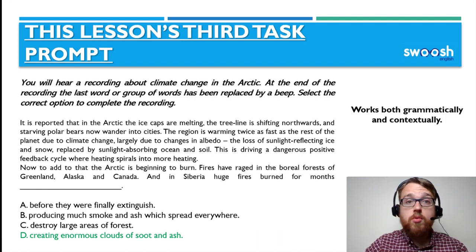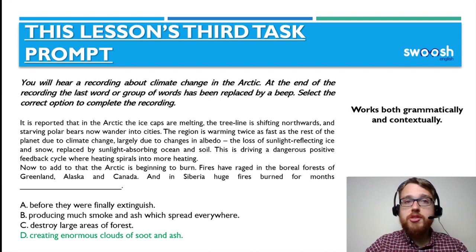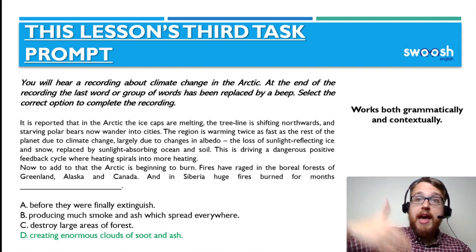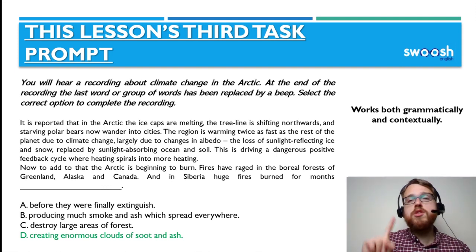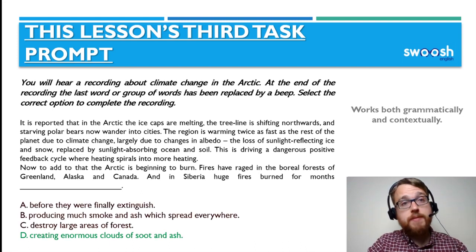And what does fire do? Well, it creates enormous clouds of soot and ash. We're talking about climate change. What is the key proponent of climate change? Well, of course, it is the harmful chemicals and compounds that are going into the sky, and that's being created by the smoke, the soot, and the ash. So it works both grammatically and contextually.